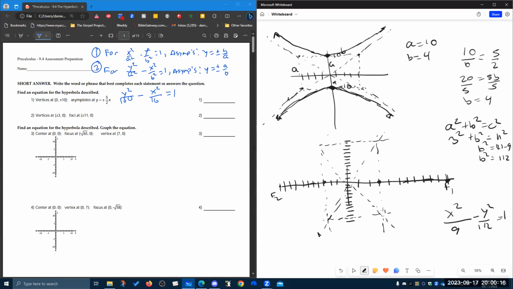And so the hyperbola is going to approach like that and like that. It's like so.